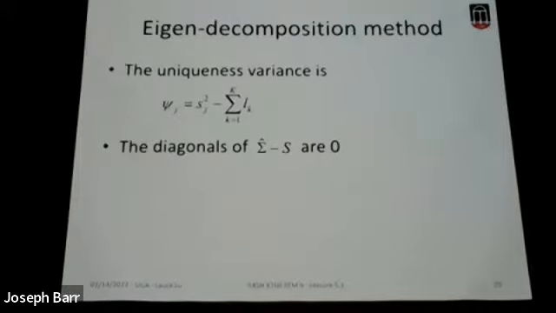We use psi. Psi is a diagonal matrix. We assume these are independent. So we have the variance of the variable minus the sum of the loadings, and of course this comes from the common factors.